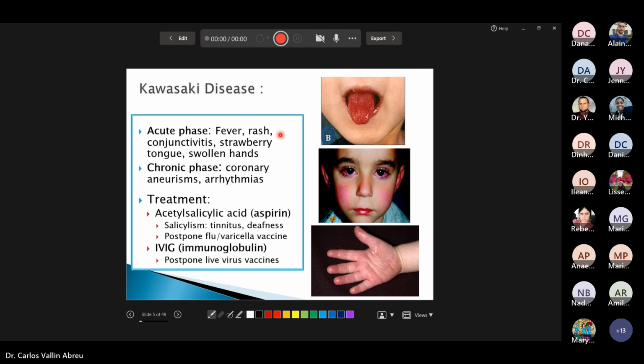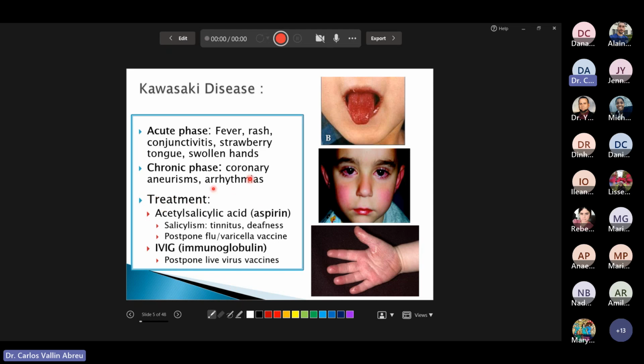I don't think you are going to have a question in the NCLEX, apart from a possible case study of Kawasaki disease, because you are not going to be diagnosing Kawasaki disease. It is going to be more doctor business, but you are going to collaborate with the treatment, and there is a lot of material to test a nurse in relation to the treatment.